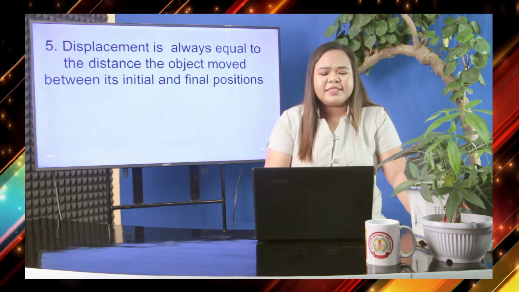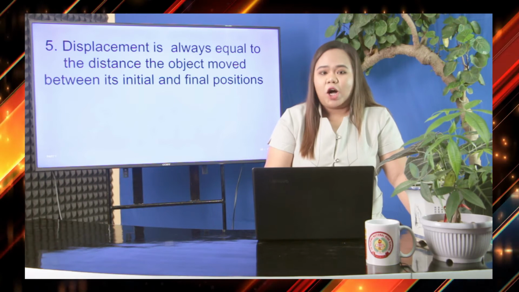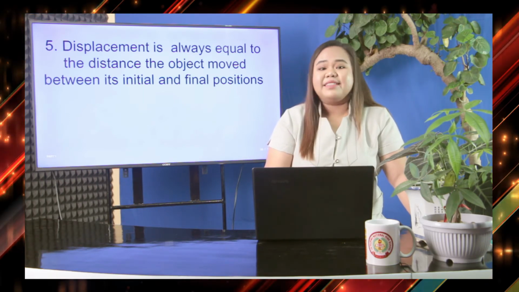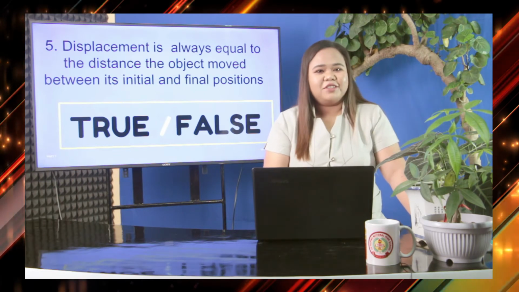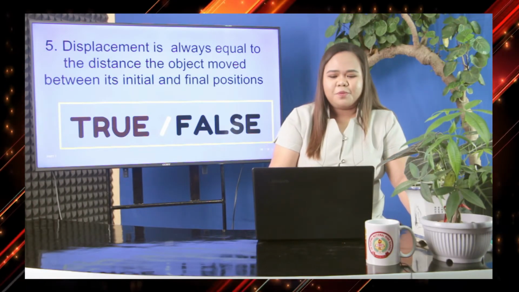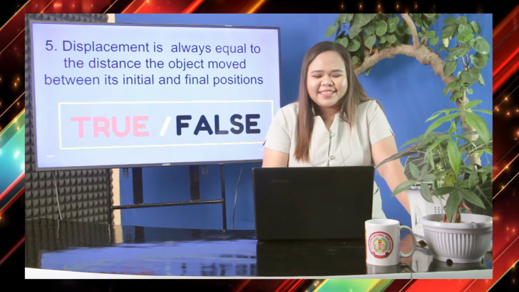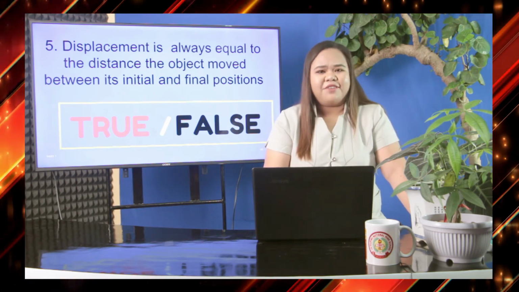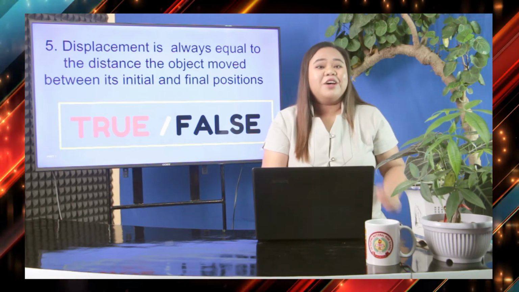Displacement is always equal to the distance the object moved between its initial and final position. Is it true or false? The correct answer is true. How is it, students? Did you have a high score? Don't worry if you don't have. I know you did your best. Good job!